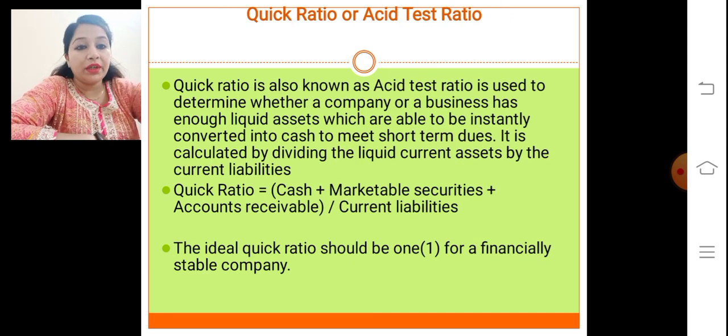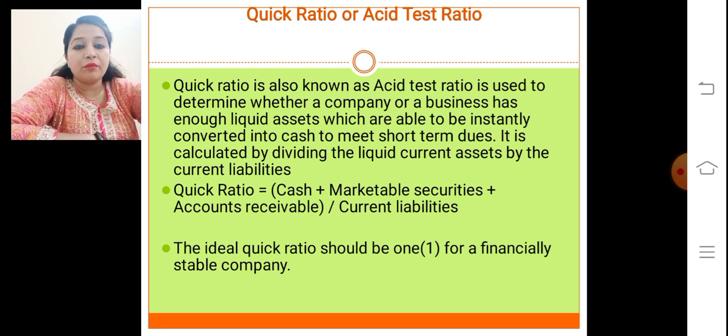Next is quick ratio or asset test ratio. Quick ratio, also known as asset test ratio, is used to determine whether a business has enough liquid assets which can be instantly converted into cash to meet short-term dues. It is calculated by dividing the liquid current assets by current liabilities.